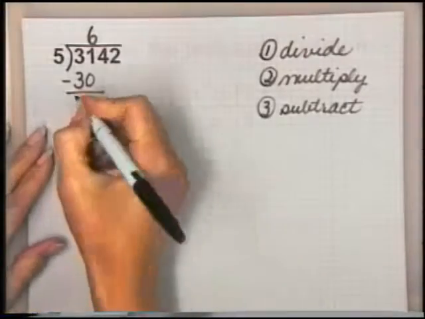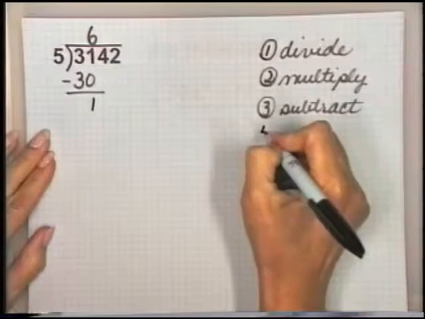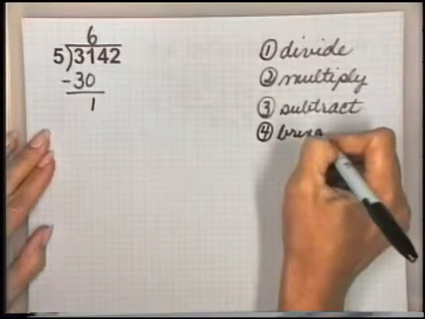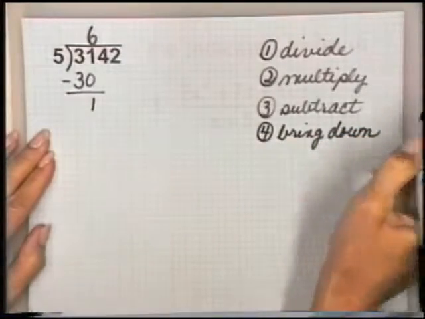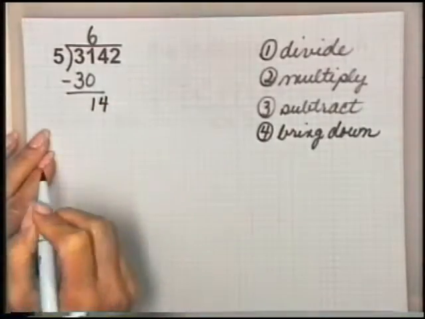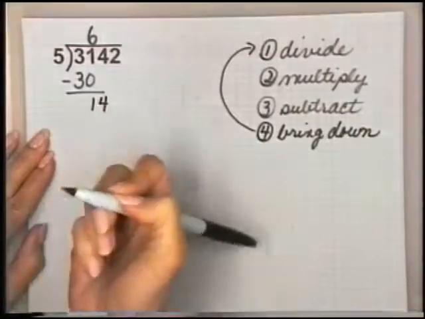When I say 31 subtract 30, I get 1. And my next step is to bring down the next digit. Well, in this case, it's a 4. And then what do I do? Well, I repeat the process, don't I?